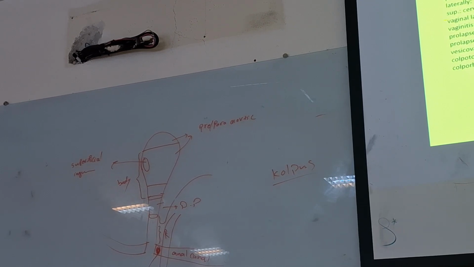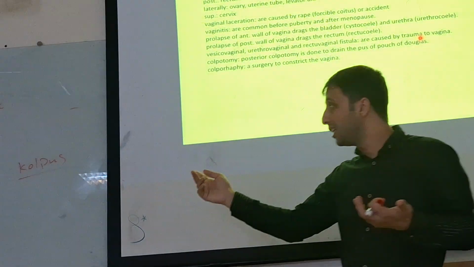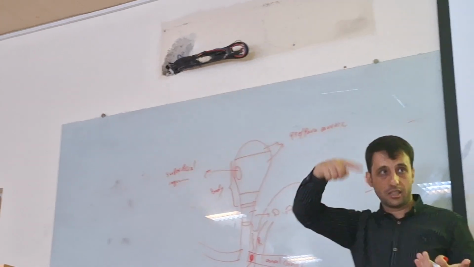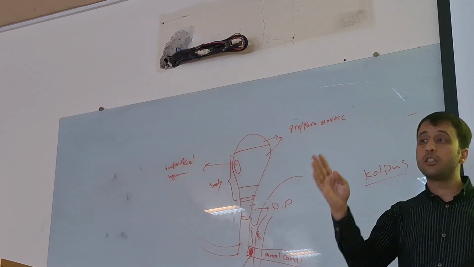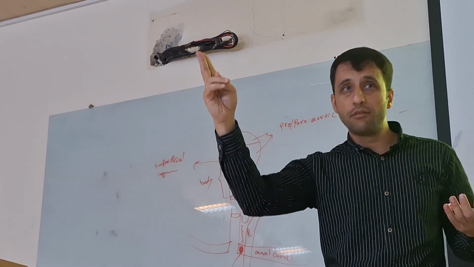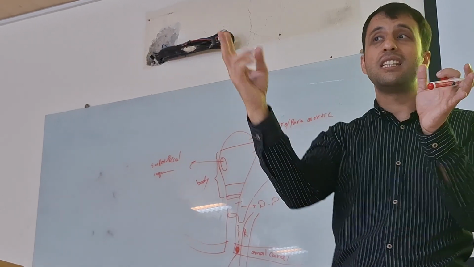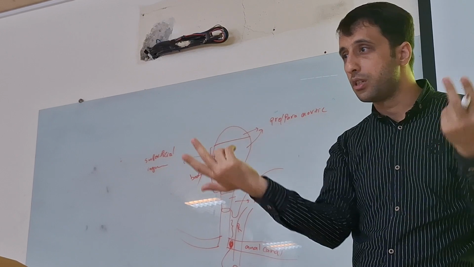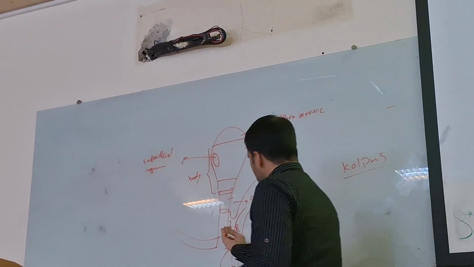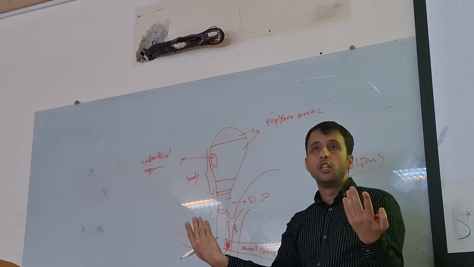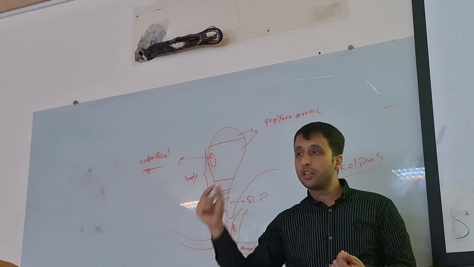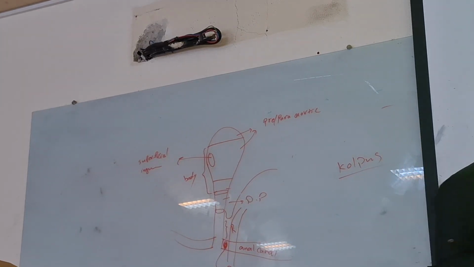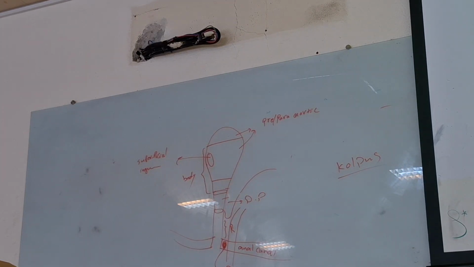You can touch the cervix, because I said that here we have the fornix. If you insert your finger in the fornix of the vagina during vaginal examination, you can touch the cervix of the uterus. In this area, inferiorly and laterally, you can touch the duct of the greater vestibular gland.